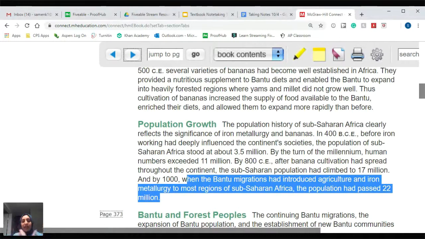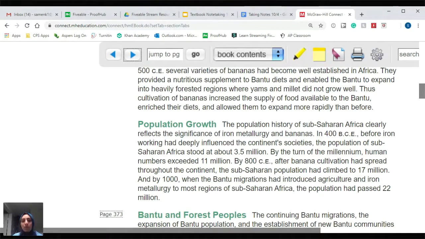Okay, so clearly we have a lot of different changes in the population growth. We can see that the population is constantly increasing with iron metallurgy and bananas and this agriculture that's spreading throughout the continent. So we're going to want to sum that up. So we could say before Africa was introduced to iron and bananas, the population was low at about 3.5 million.